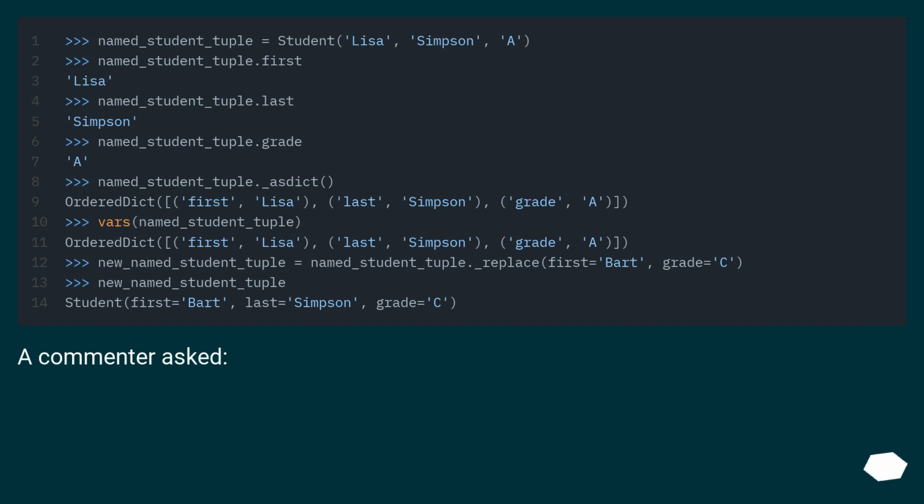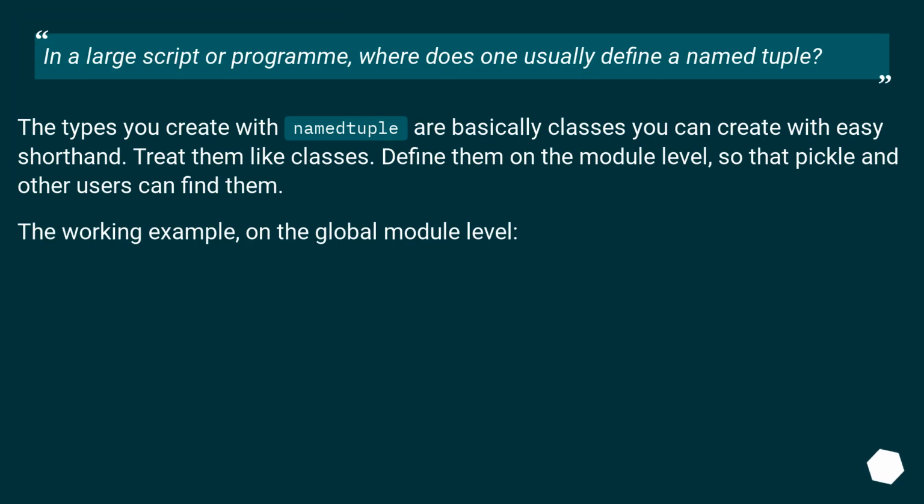A commenter asked, in a large script or program, where does one usually define a named tuple? The types you create with namedtuple are basically classes you can create with easy shorthand. Treat them like classes.